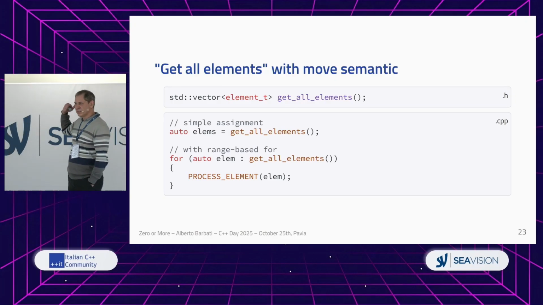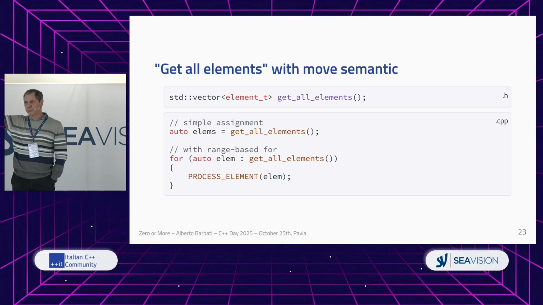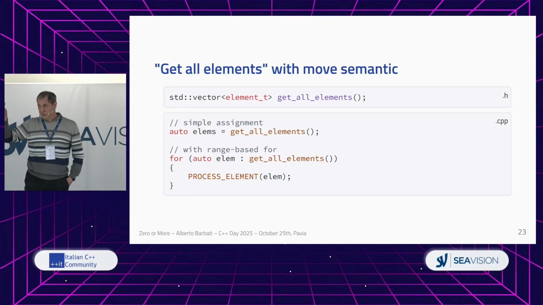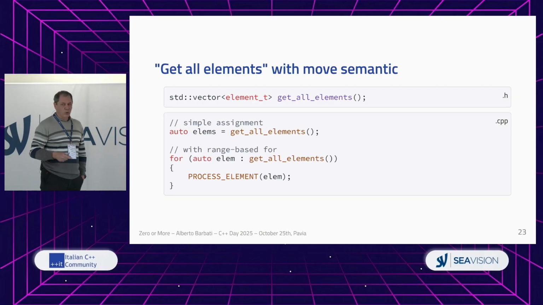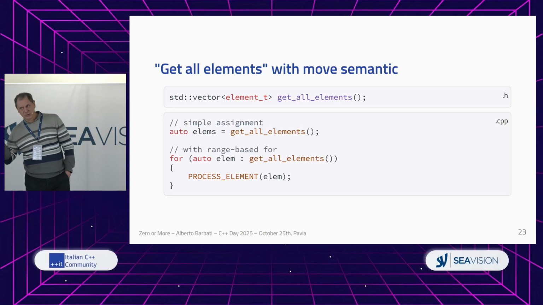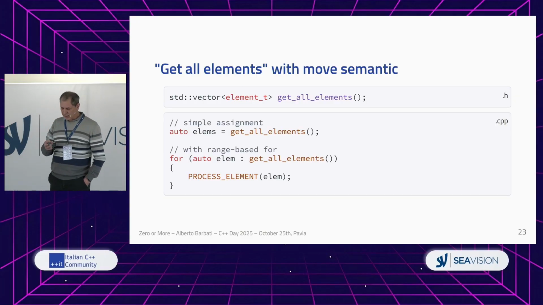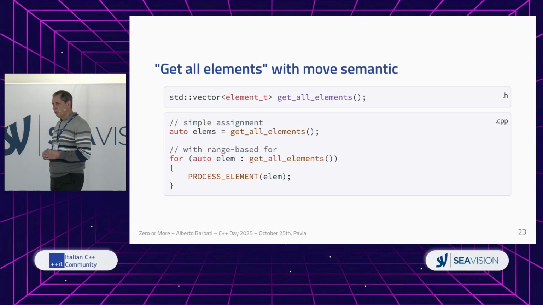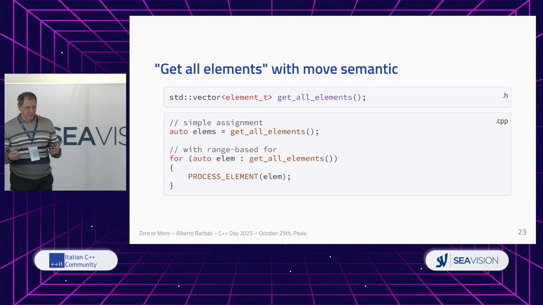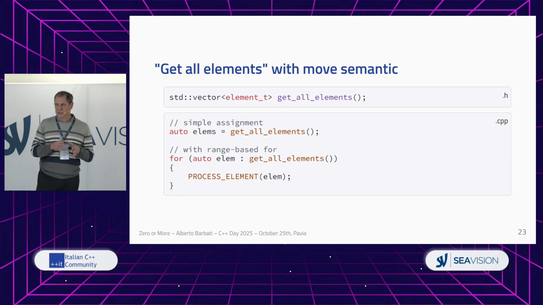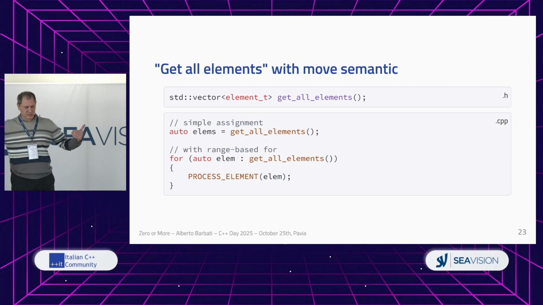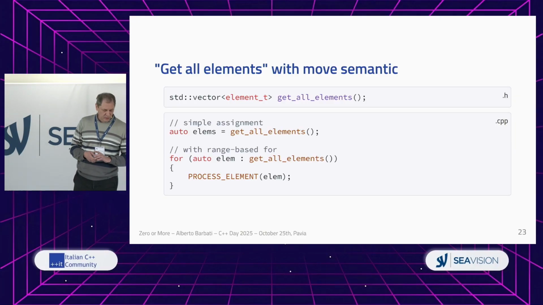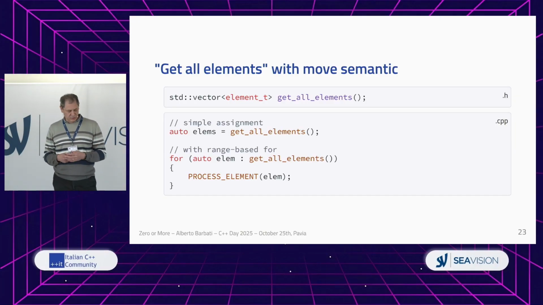Move semantics improves the get all elements scenario. Remember, in C++98, I have to pass the vector as an argument by reference. And why is that? Because returning a vector from a function without move semantics is expensive, because it implies that you copy all the elements, and that may be costly, especially if the vector is big.